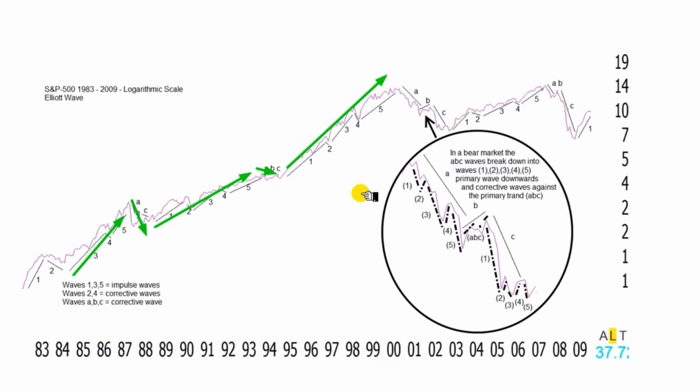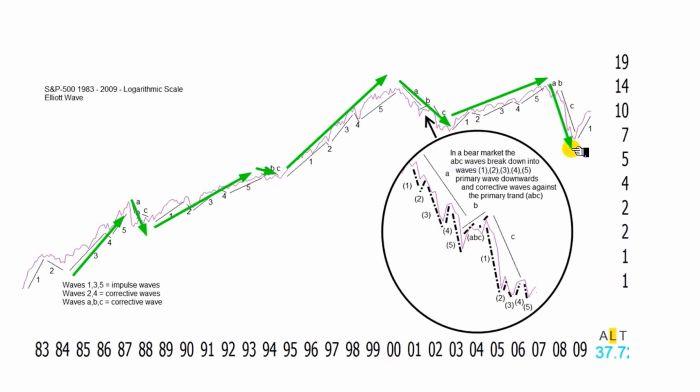And then from 2000 to 2003, we saw a huge 3-year correction. You can see how strong that was, a primary down move, essentially. And then from 2003 to 2007, we saw a long, slow advance. And then 2007, 2008, we saw an absolutely aggressive and rapid, huge correction.